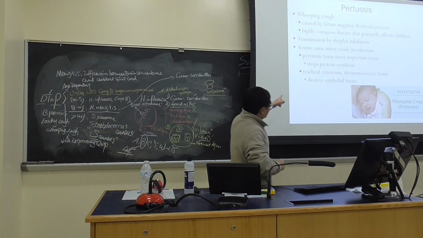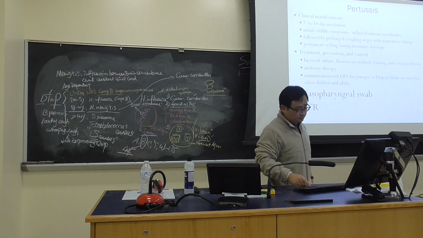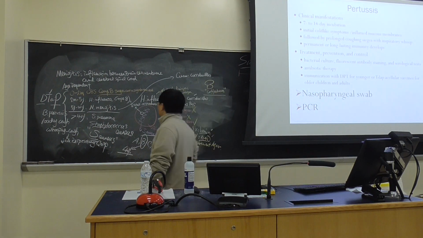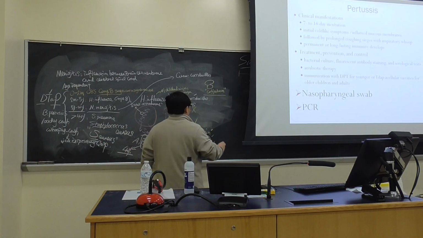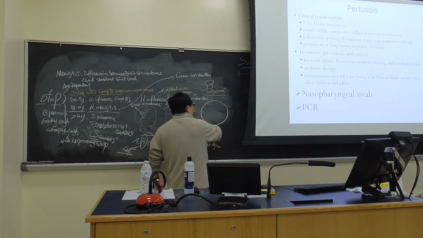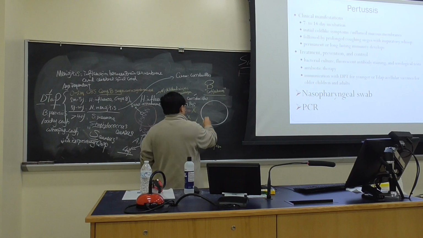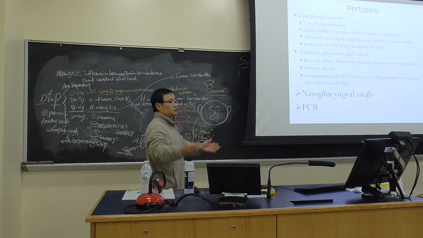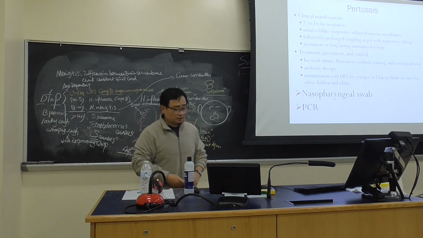Okay, how are we going to diagnose? That's very interesting. So how do they diagnose? The mom holds the kid, and the kid is crying. So the doctor needs to get the sample. How do they get it?